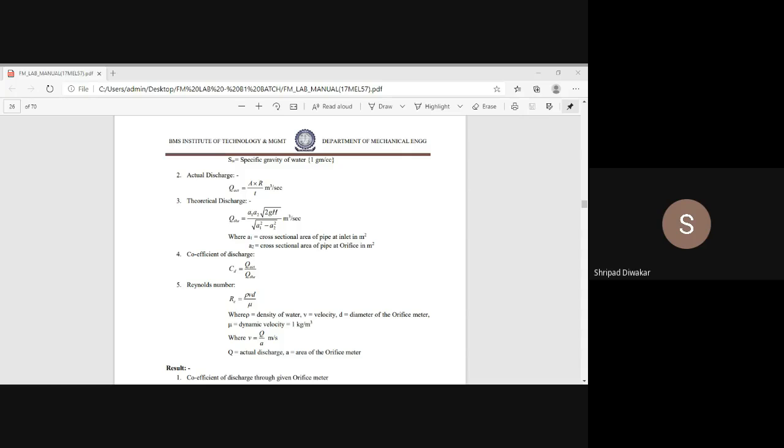So what should be the answer? Actually, you should get 0.66, not 0.067. You should get 0.6, 0.7 like that. So can you take the readings in centimeter and do it? Small h is there. No, you take the readings in centimeter.